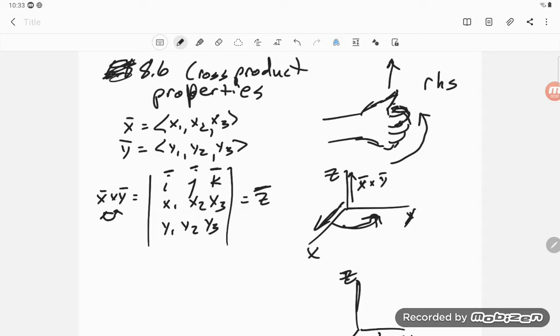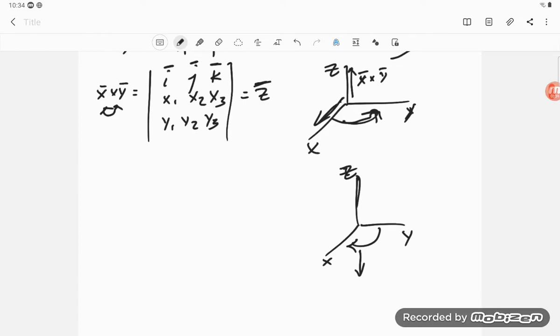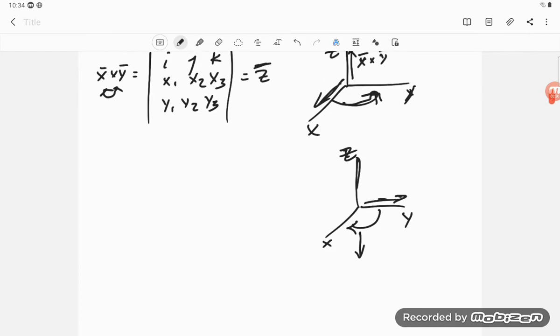And similarly, if I did instead y cross x, then I would get my hand going this way to start with, but I would have to turn my thumb upside down to then get the right orientation to be able to curl my fingers this way.